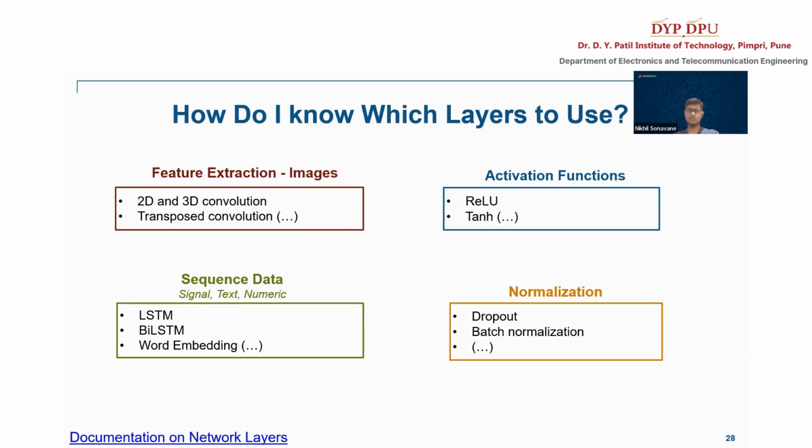Now again, this can be overwhelming at this point of time, and you can have a read of this particular page later on as well. I'll be sharing these slides with you. It has all been documented, and you can go over it to understand which layers can be used for which applications.